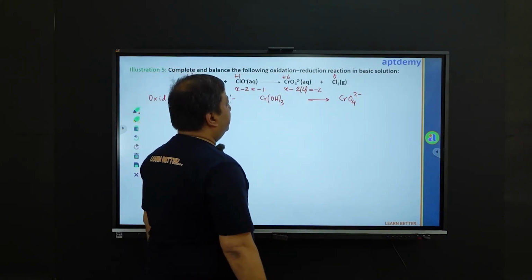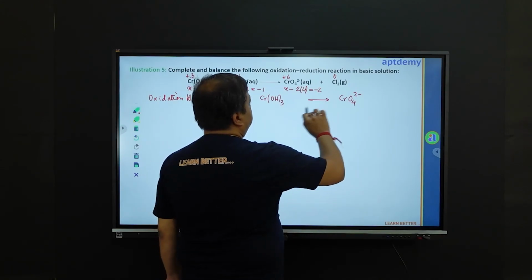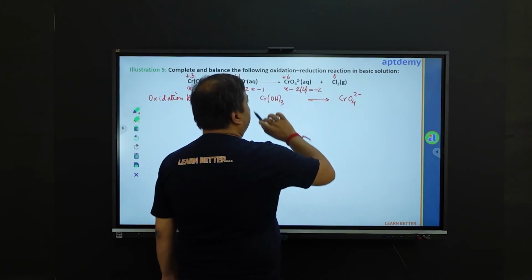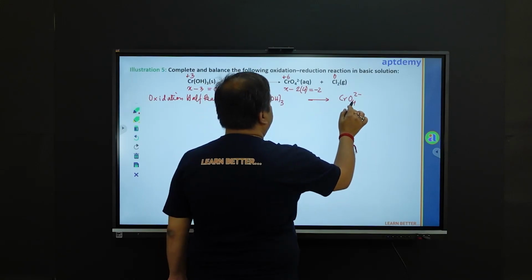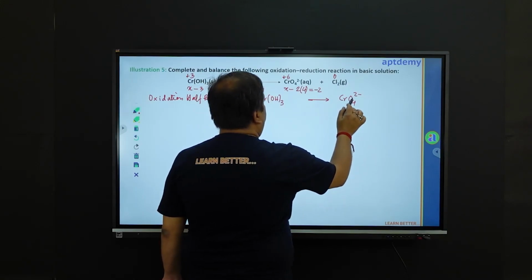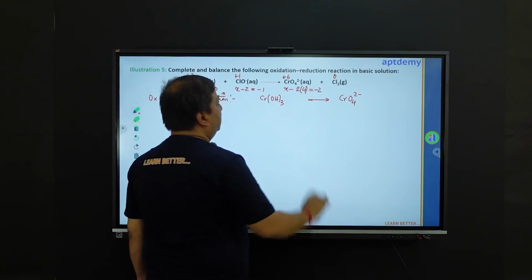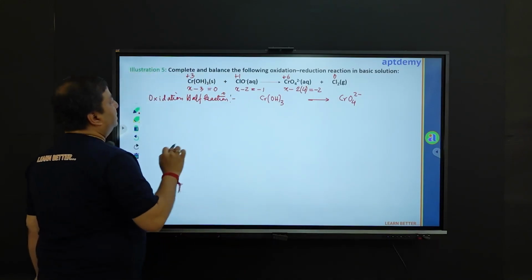Okay. Now there is chromium over here, it is balanced, but there is an imbalance of oxygen and hydrogen. So we have to think about that.